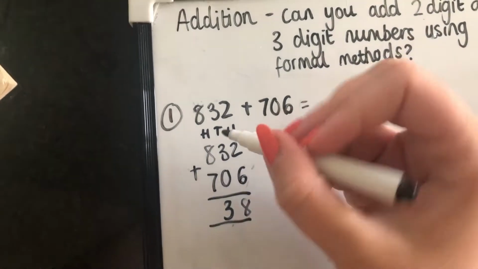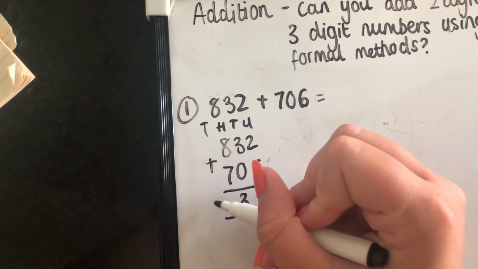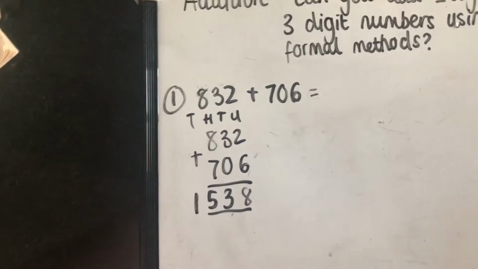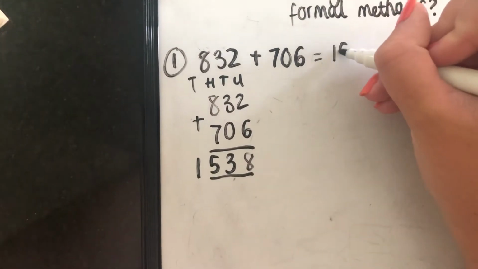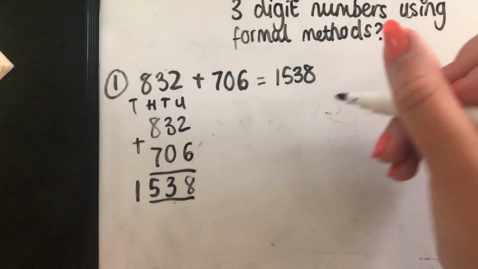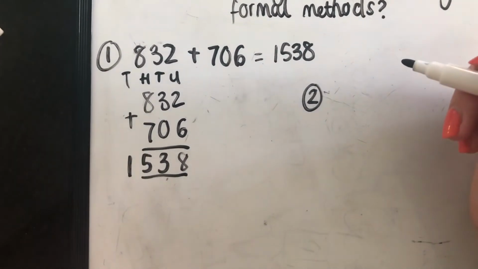So remember, 1500 is going to go into our thousands column. So 15, 1, 5, 1,538. Brilliant.